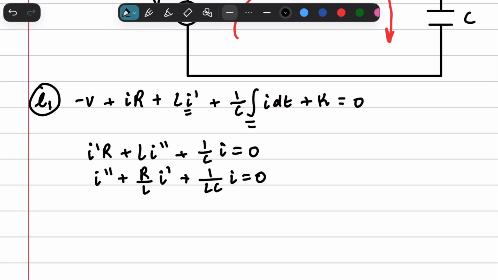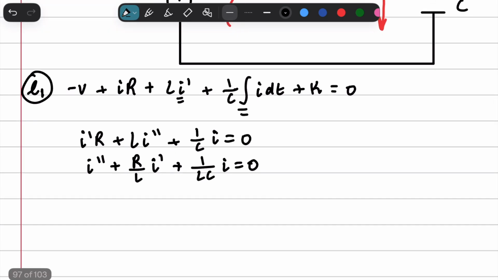And hopefully, I really, really do hope that you guys have taken differential equations just in general. But if you haven't, we are going to go over a brief overview of second order differential equations, but for the sake of this derivation, we're just going to go straight into it.